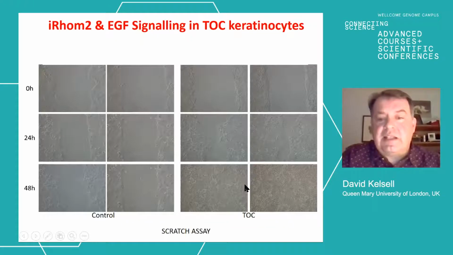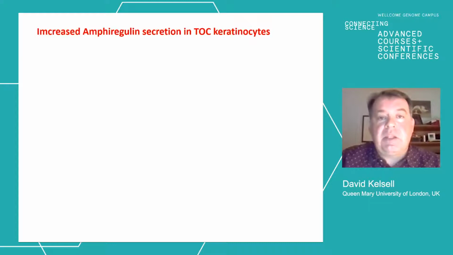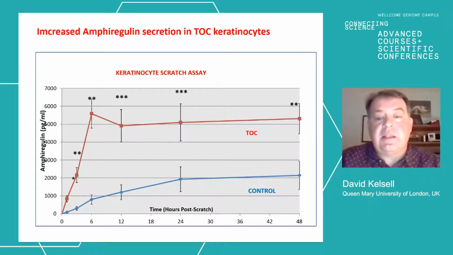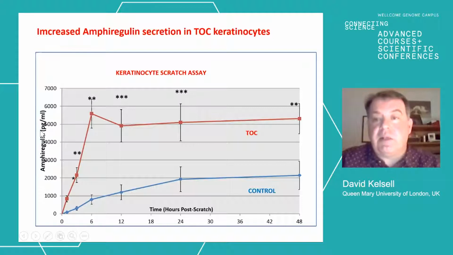So what is causing this change in cell behavior? One of the highly expressed growth factors in keratinocytes is a protein called Amphiregulin, and Amphiregulin can be secreted from keratinocytes. So we did the same scratch assay in control and TOC keratinocytes, but at different time points, we took some media and measured how much Amphiregulin had been secreted.